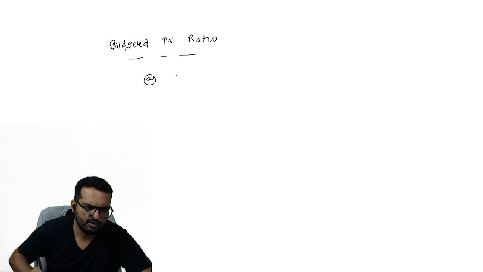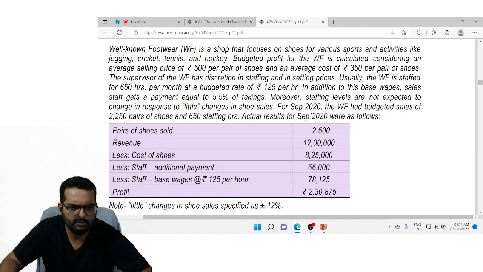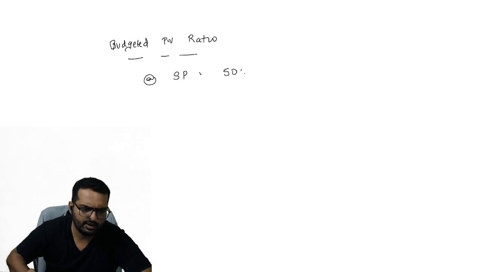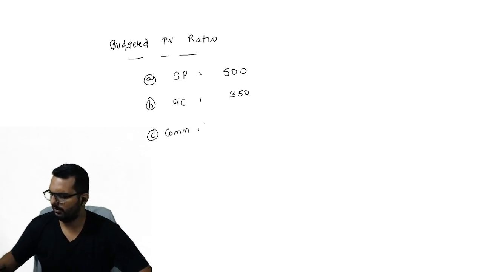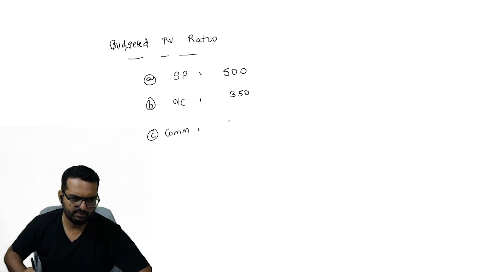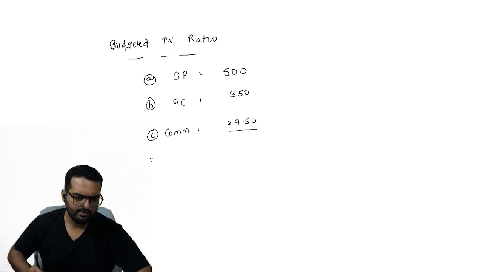How will you do that? We have a selling price per unit. What is the selling price per unit? 500. Then there is variable cost of 350. We are also having a commission in the picture. How much is the commission coming in? 500 into 5.5%, that is 27.5.